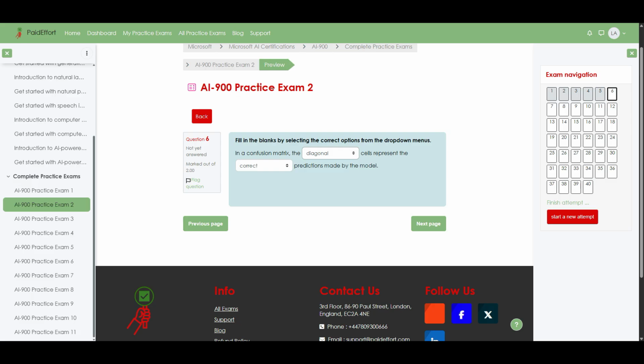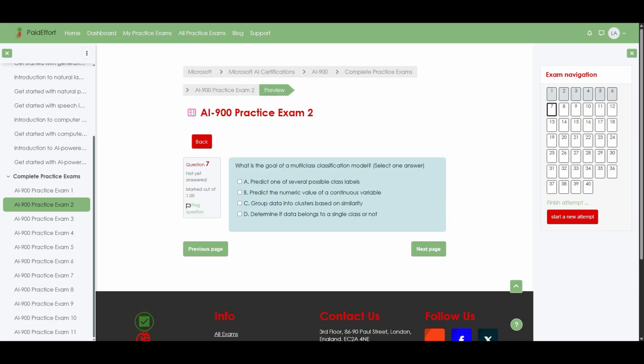Other terms like vertical, incorrect, or misclassified don't describe this concept. Those would refer to cells that represent errors, and probability-based doesn't apply here, since confusion matrices use hard class labels, not probability scores. So if you're ever analyzing a confusion matrix, just look along the diagonal to see how many predictions your model got right.